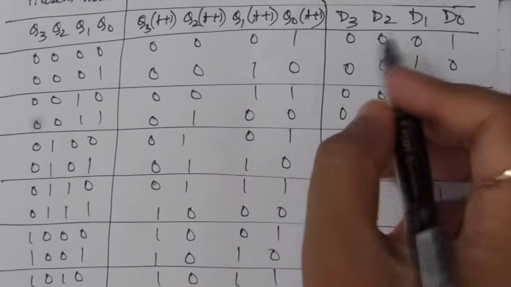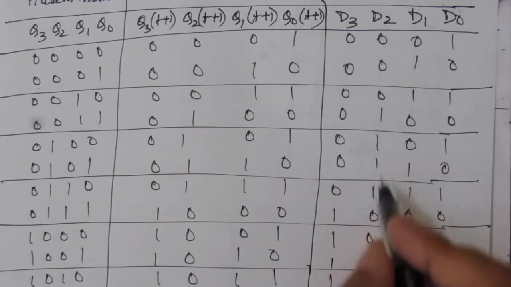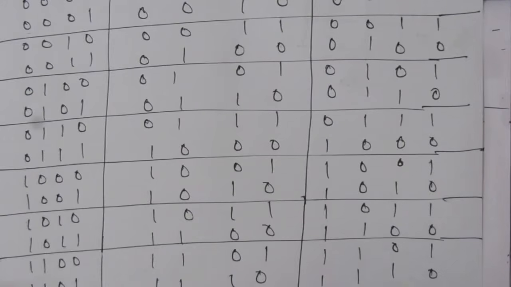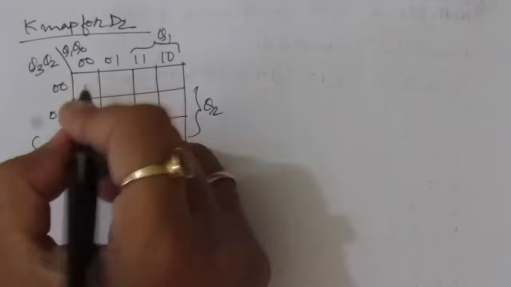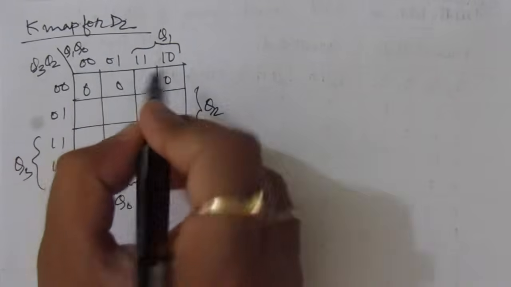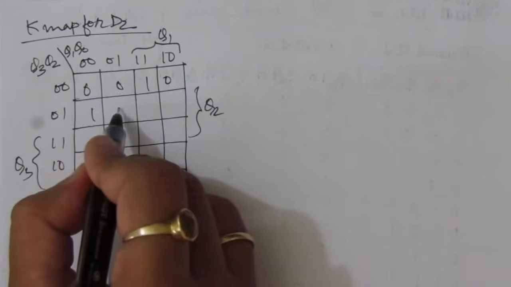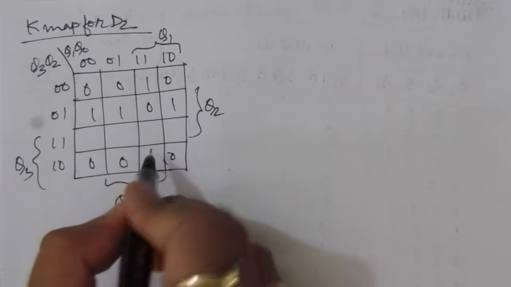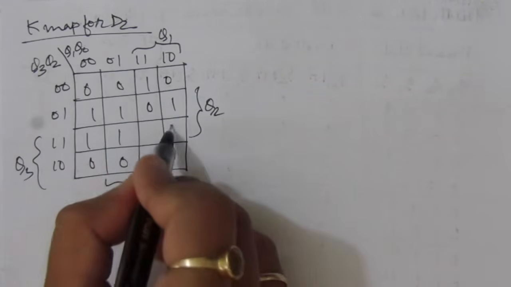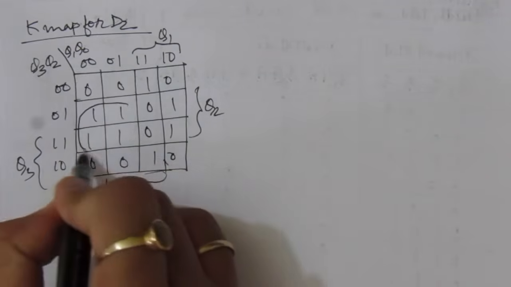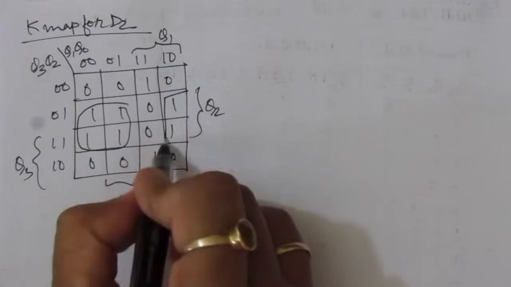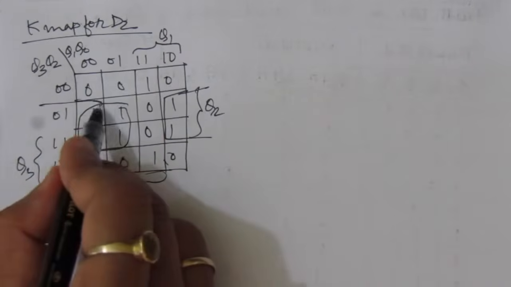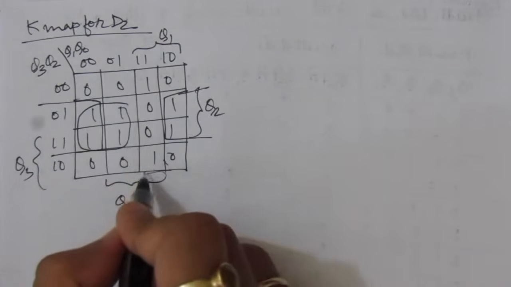So for d2 we have 0 0 0, then we have 4 ones, 4 zeros, then 4 ones again, and then 0 0 0 0 1 1 1 1 0 0 0 0 1 1 1 1 and 0. So how we can combine?